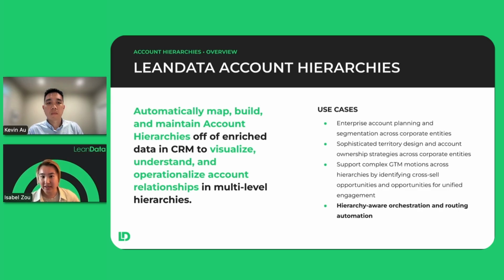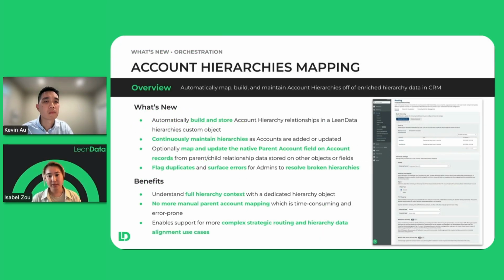If you go to the next slide, I can start introducing our more specific features under this. Sure. And it really starts out with the mapping functionality. What we do here is build and store those hierarchy relationships in a LeanData hierarchies custom object. This object stores all of the information in the hierarchy, basically every account that exists as a part of that hierarchy, to really help you understand those relationships.